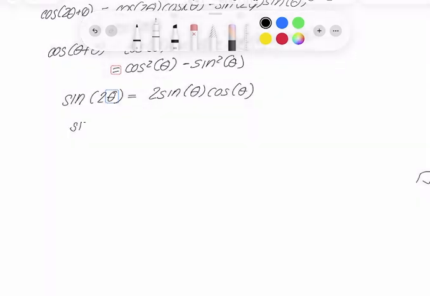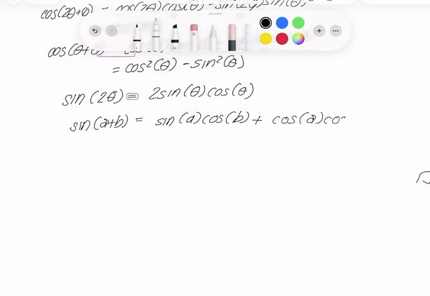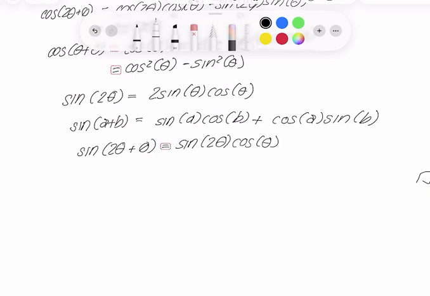So we have that sine of A plus B is equal to sine of A cosine of B plus cosine of A sine of B. And so if we have sine of 2 theta plus 0, that equals sine of 2 theta cosine of 0 plus cosine of 2 theta sine of 0.